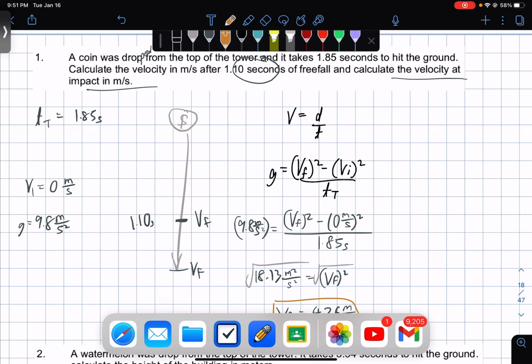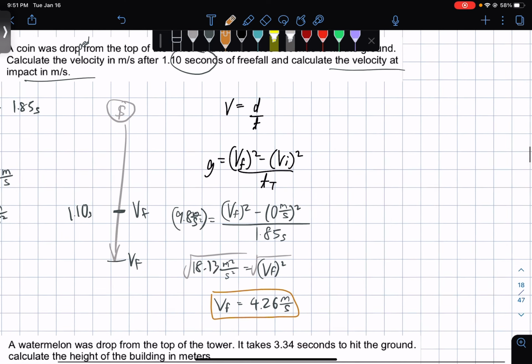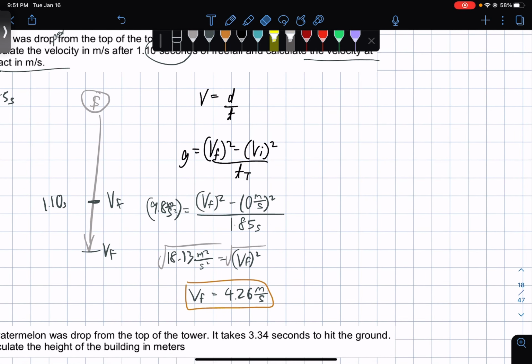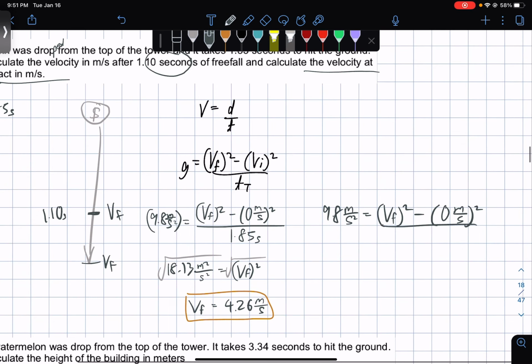But before that, let's calculate the velocity after 1.10 seconds instead of the time total. I believe we could use the same formula. So 9.8 meters per second squared equals Vf raised to 2 minus Vi, which is 0, over the time, this time 1.10 seconds.